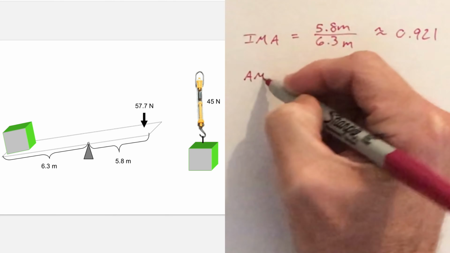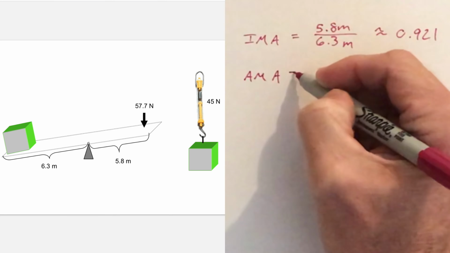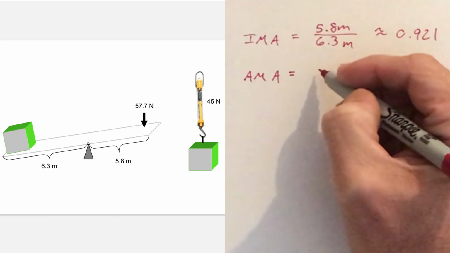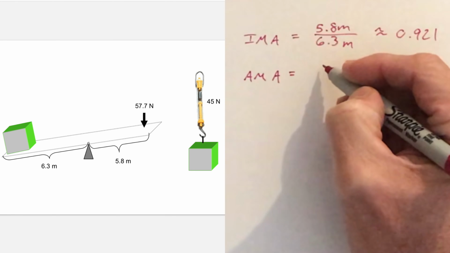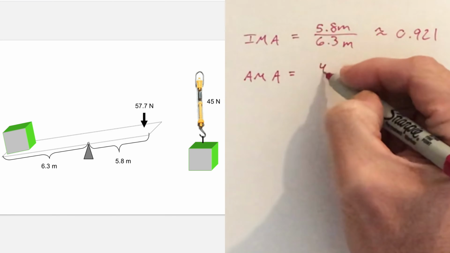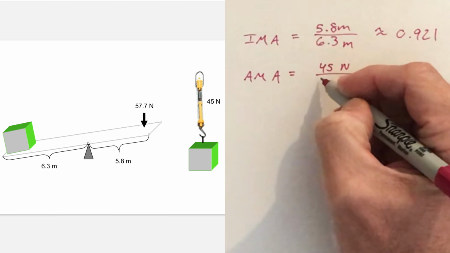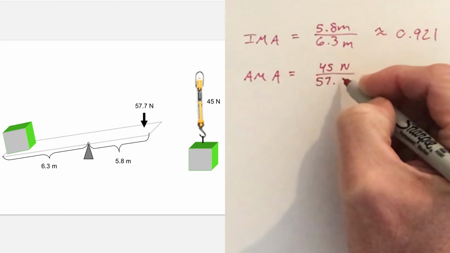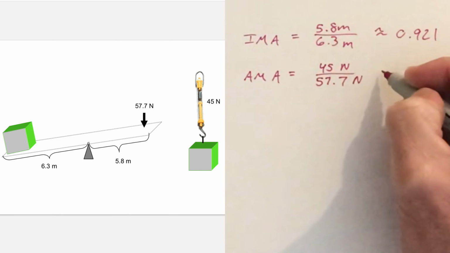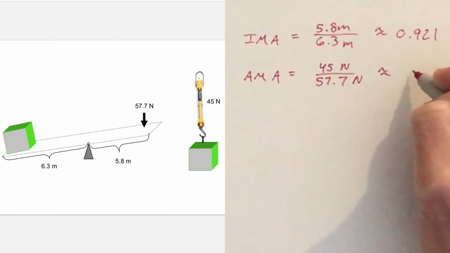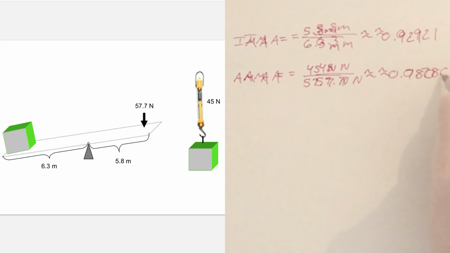The actual mechanical advantage would be the weight being lifted, 45 newtons, divided by the force required to do the lifting, 57.7 newtons, which comes out to be about 0.780.